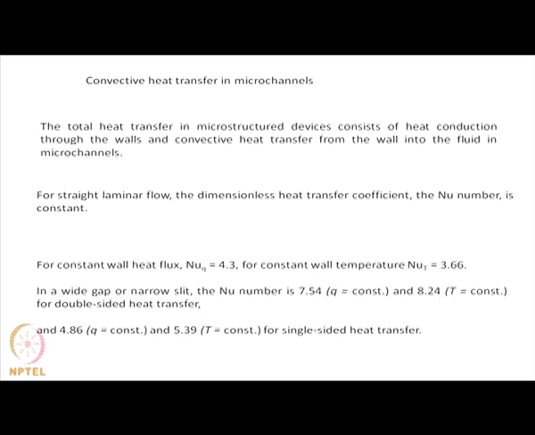Now, something I have already described partially is that the total heat transfer in micro devices can consist of heat conduction through the walls and convective heat transfer from the wall into the fluid in the microchannel. So, for example, if you are making a micro device, and you consider only the convective heat losses from, let us say, a tube that is micro scale in size. So, the diameter of the tube is 100 micron and its length is 2 centimeters.